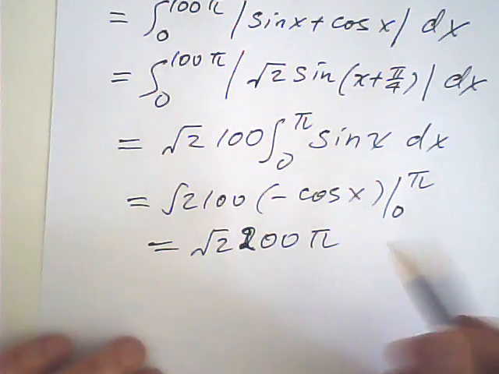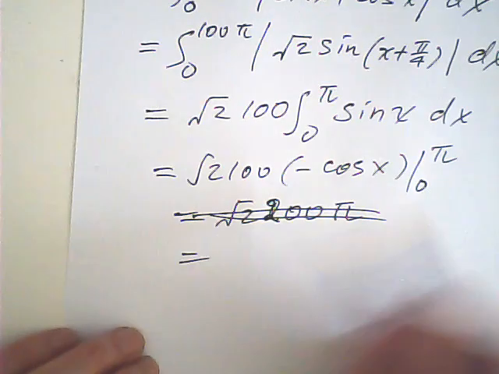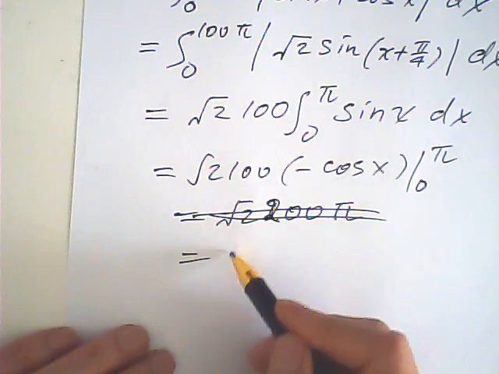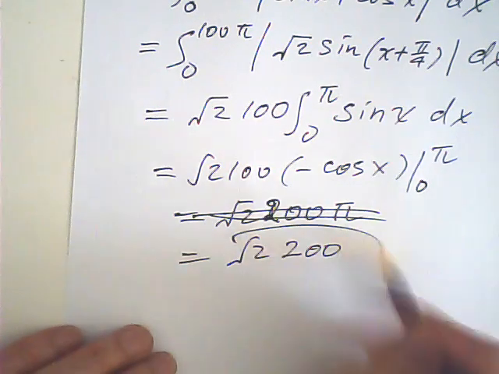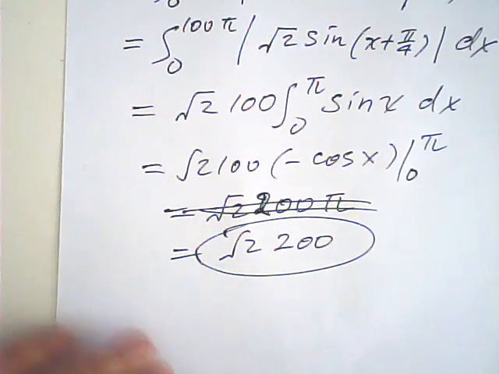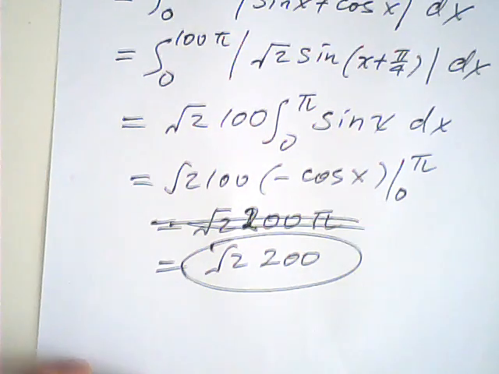No, what am I doing? This is a 2, right? So it becomes root 2 times 200. That's it. So this is my result. Okay, good.